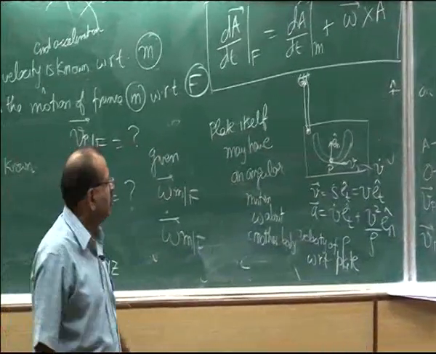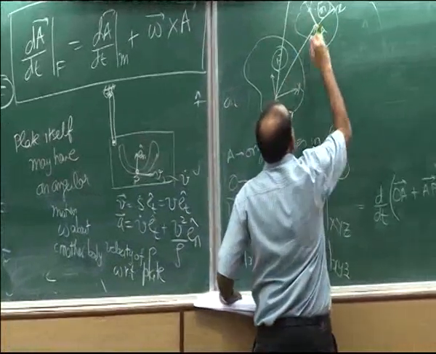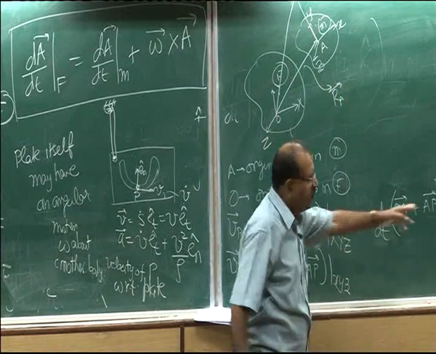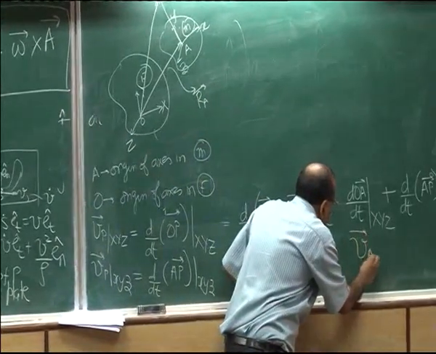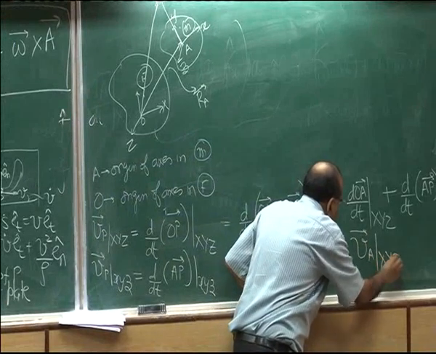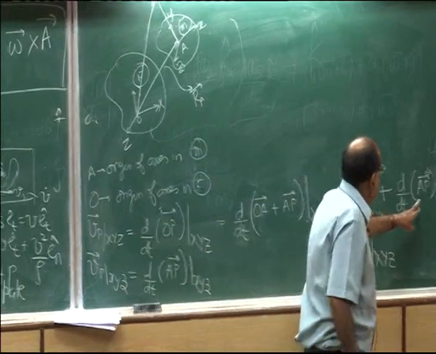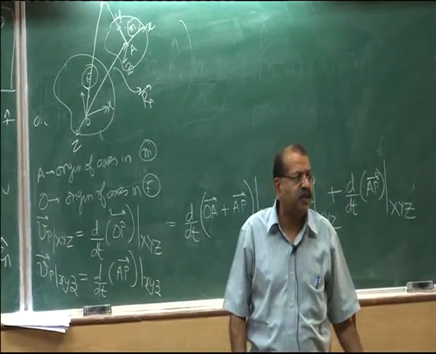Okay. Now, what is dOA by dt? This is nothing but velocity of point A, so this is velocity of point A with respect to capital XYZ. Now this quantity AP, I have to find its derivative with respect to capital XYZ.